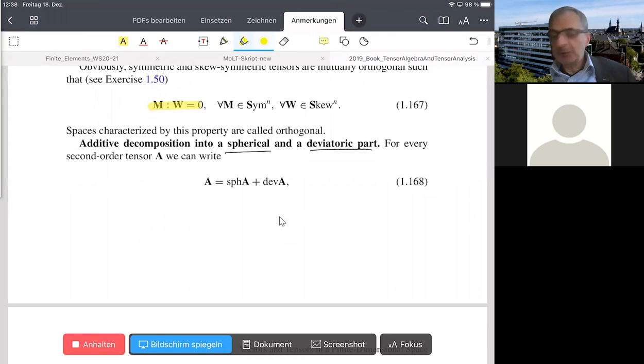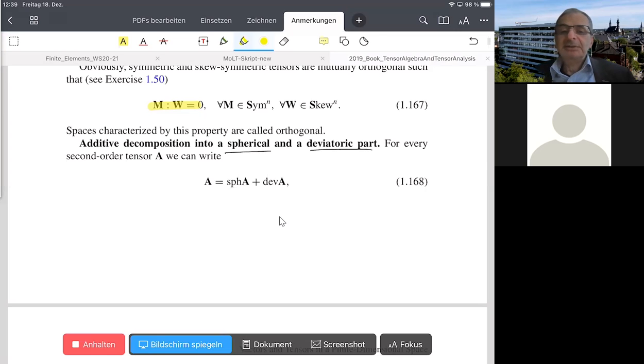Then we start with you discussing this additive decomposition into a spherical and deviatoric part. Last time I also mentioned that this decomposition is very important in mechanics because if you apply it to stresses, then we realize that the spherical part of a stress tensor and the deviatoric part cause completely different responses in typical materials, right?